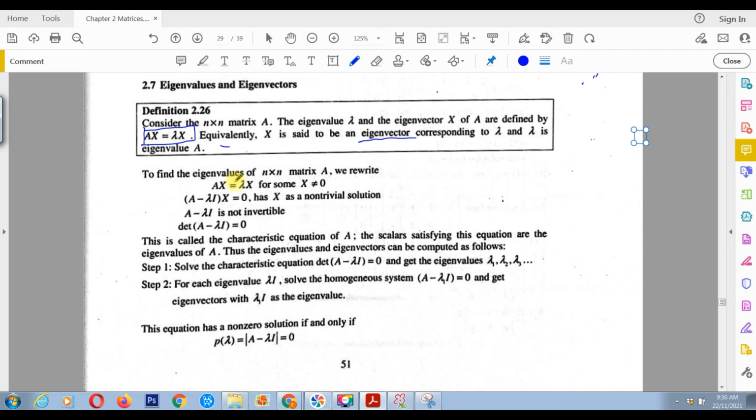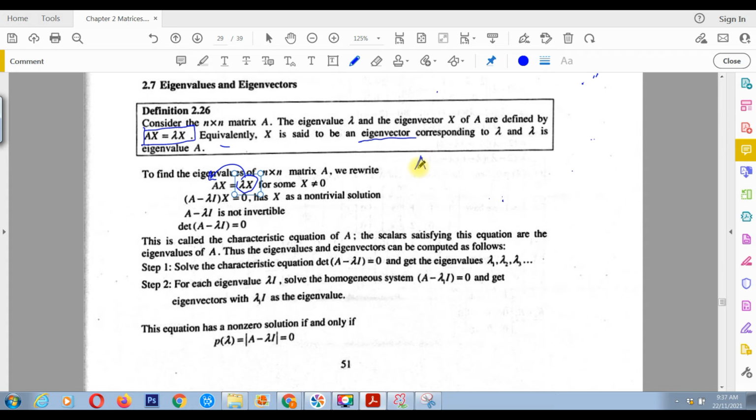He said that Ax equals lambda x, and x is not a zero matrix, not consisting of all zero elements. So we move this term to the left hand side.